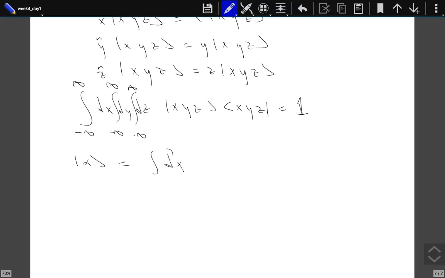Let me write this shorthand notation, d cubed x. It's the integral over dx, dy, dz. And let me use this shorthand notation for the position kets. So these are just some numbers, and these are my position kets.